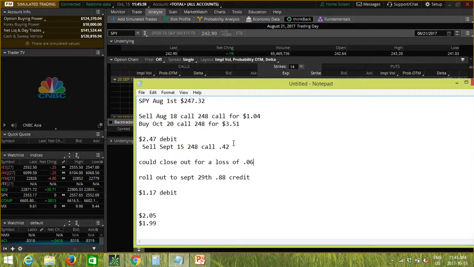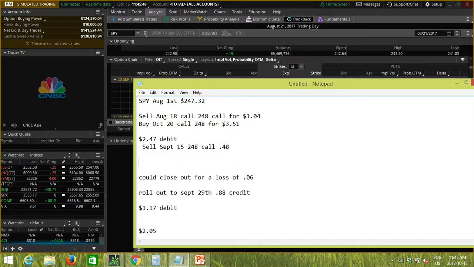Oh, I had 42 cents on here. So that's going to bring our debit down to $1.99, right? Because this 48 cent credit is going to come off of this debit on here. So we're at $1.99 on there.